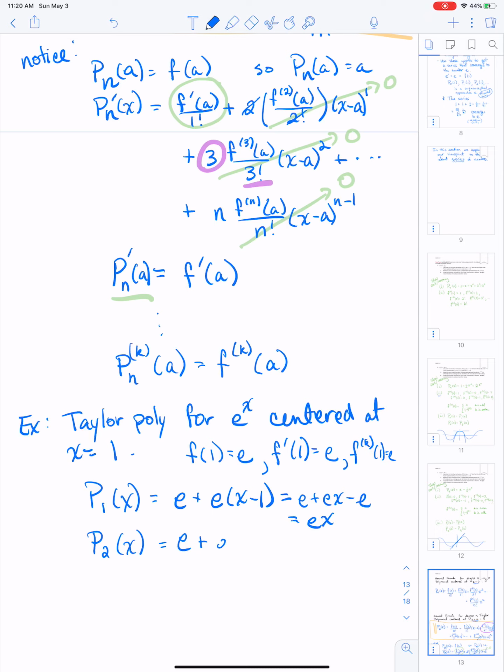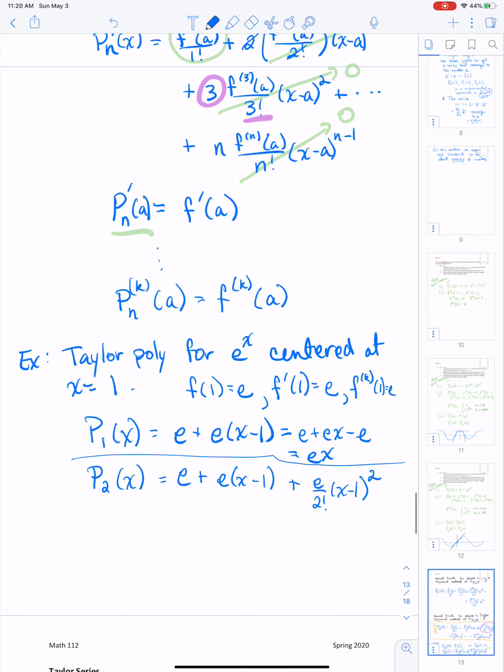P2 of x is going to be e plus e times x minus 1 plus e over 2 factorial times x minus 1 squared. I can use the fact that this is ex plus e over 2 times x squared minus 2x plus 1.